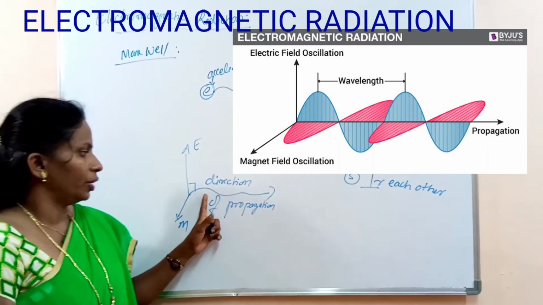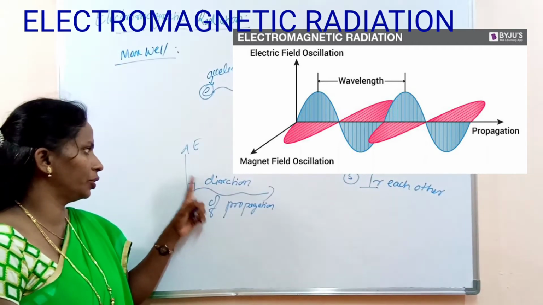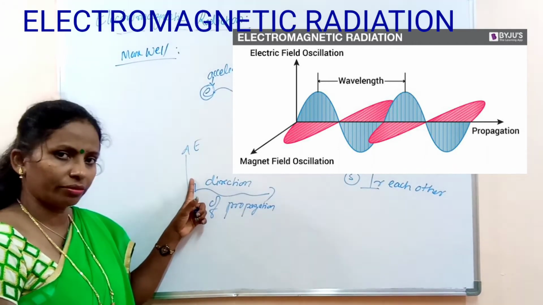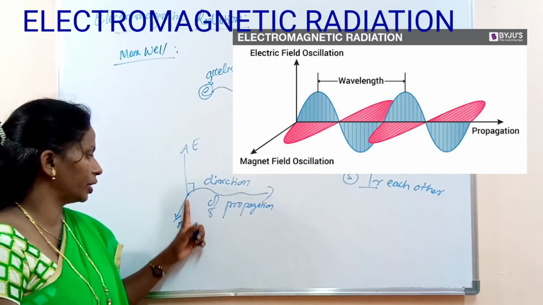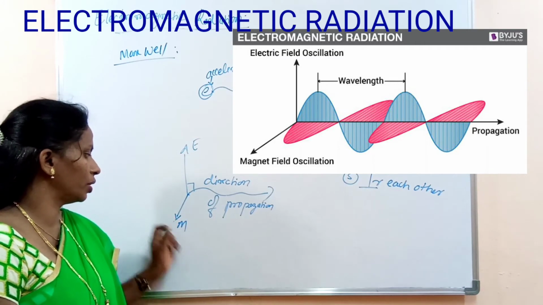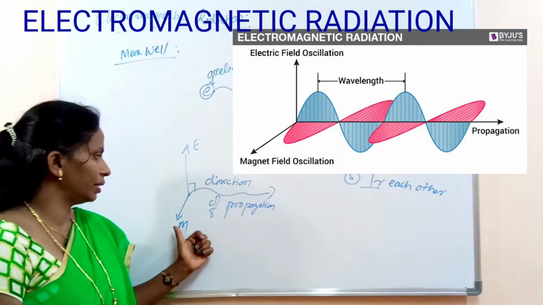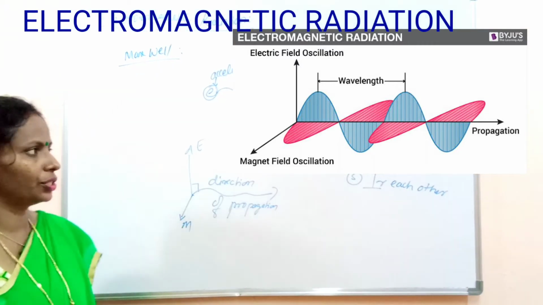Thereby the electric field, magnetic field and direction of propagation are perpendicular to each other.